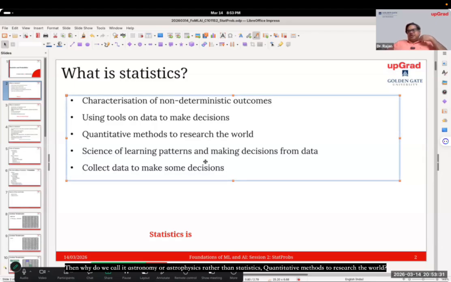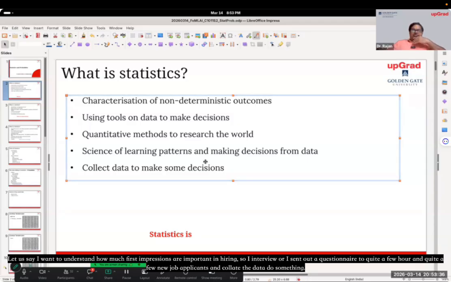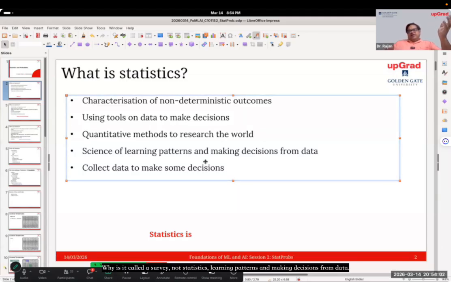Quantitative methods to research the world. Let's say I want to understand how important first impressions are in hiring. So I send out a questionnaire to quite a few HR people and new job applicants and collate the data. Why is it called a survey, not statistics?